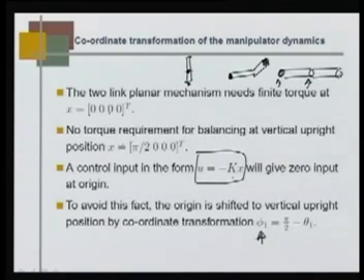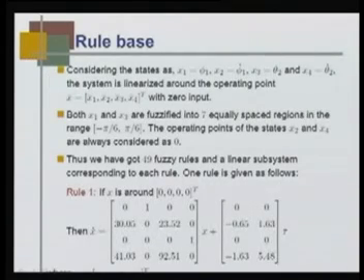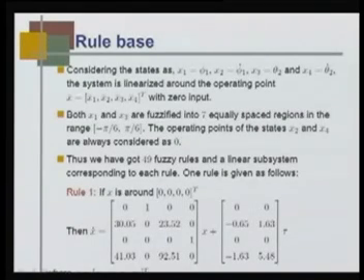Now this is reversed. Considering the states, x 1 equal to phi 1, x 2 equal to phi 1 dot, the transformed theta 1 and transformed theta 1 dot, x 3 is theta 2 and x 4 is theta 2 dot. We did not change that.